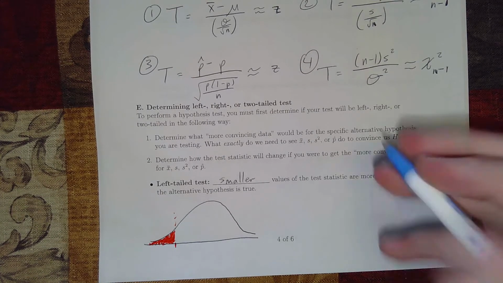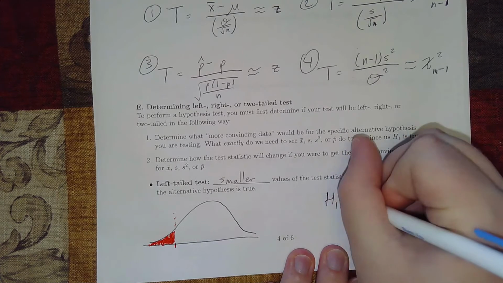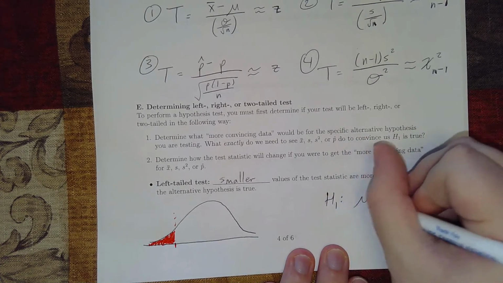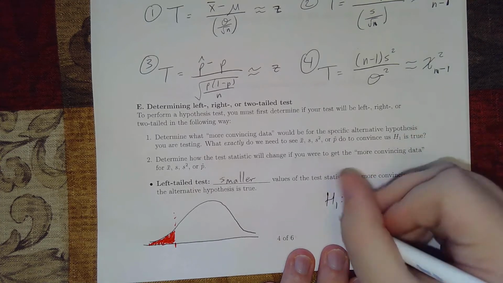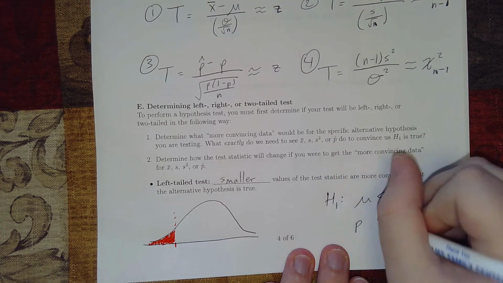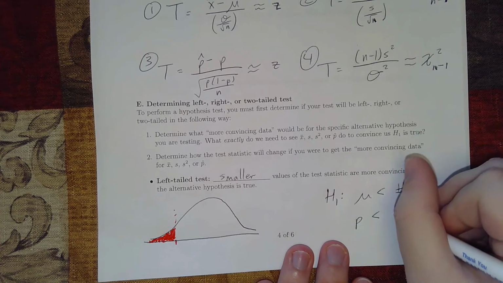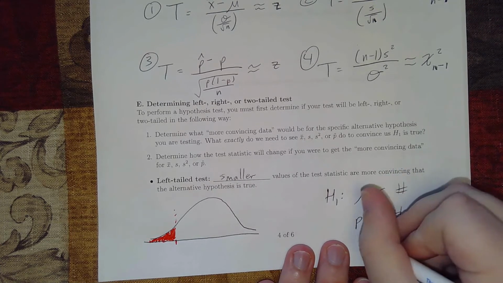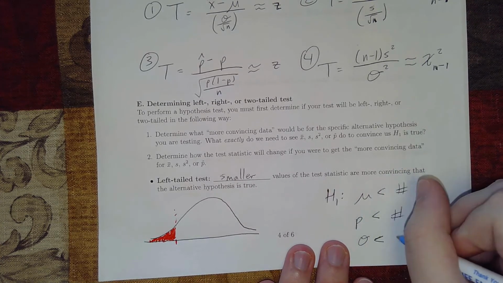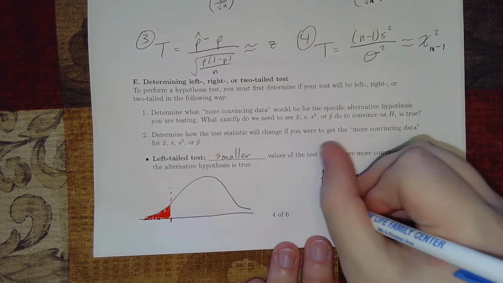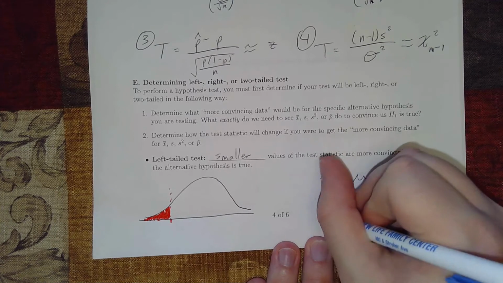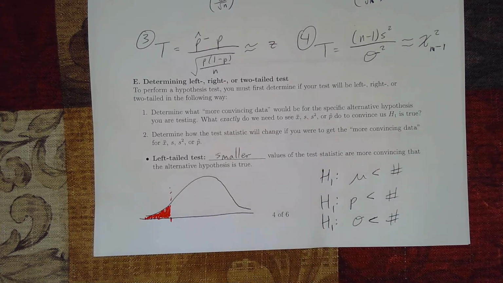This is when we have things like mu is less than some value, or our population proportion is less than some value, or sigma is less than some value. These are different potential alternative hypotheses where you're going to see some sort of left tail thing come out as the thing we're looking at.